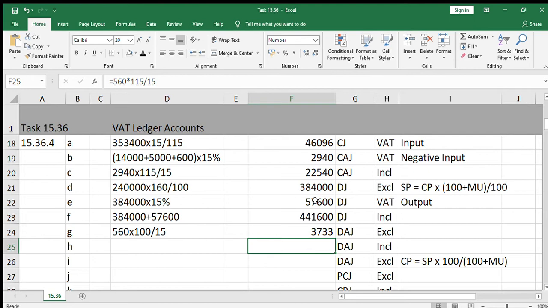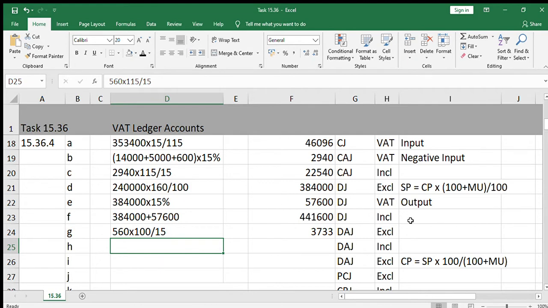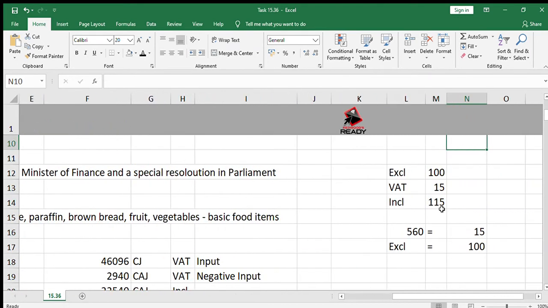Okay, then still in the DAJ, we need to calculate H. H is the debtors control. Now please remember that the debtors control must include VAT. So we need the inclusive VAT amount, which is 115. We've been given the VAT amount, which is 560.